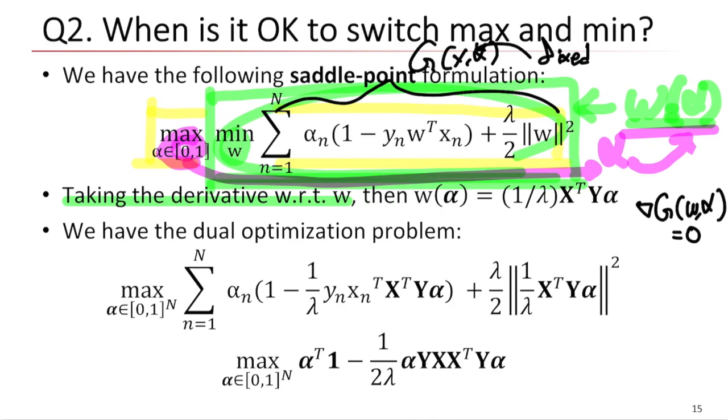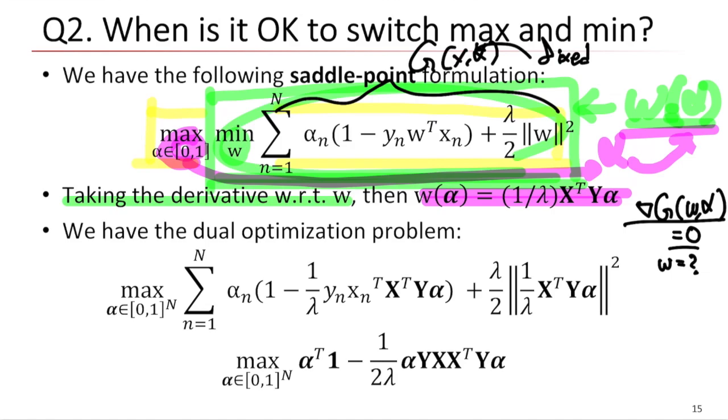Then what is alpha that satisfies this equation? It will look like this. Actually, it's not hard, but it takes some time to derive this relationship from the original equation.